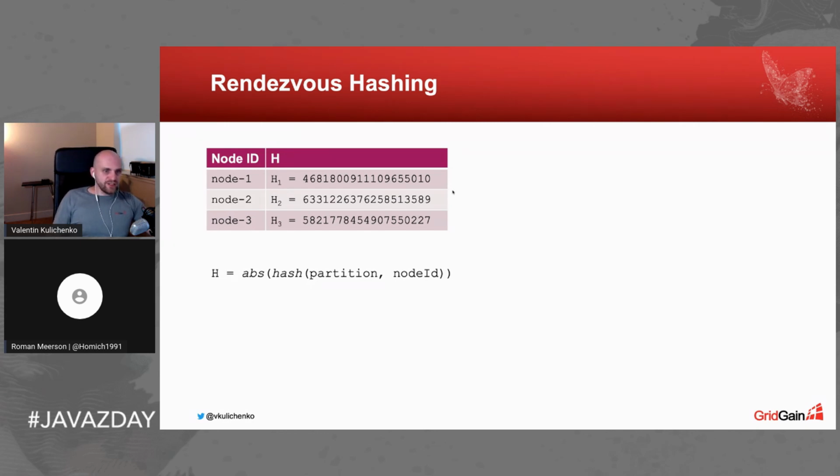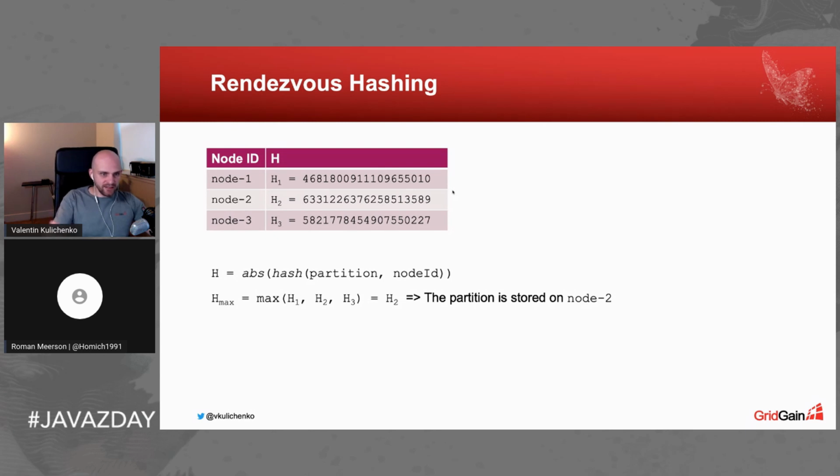So you will have H1, H2, and H3, a different value for every node that you have in the cluster. And as a next step, you will choose the maximum value out of those 3. In this particular case, it's H2. And the maximum value will point us to the node where this partition should be stored.